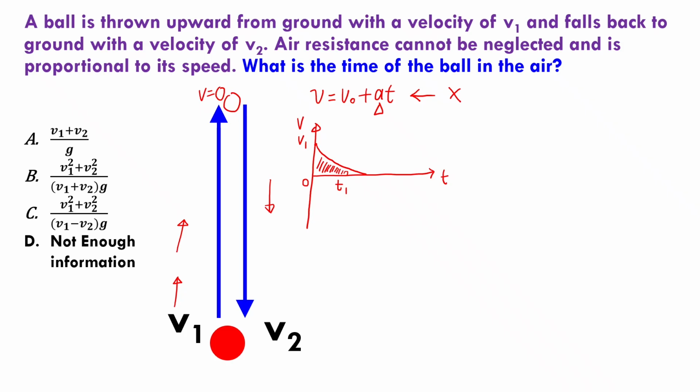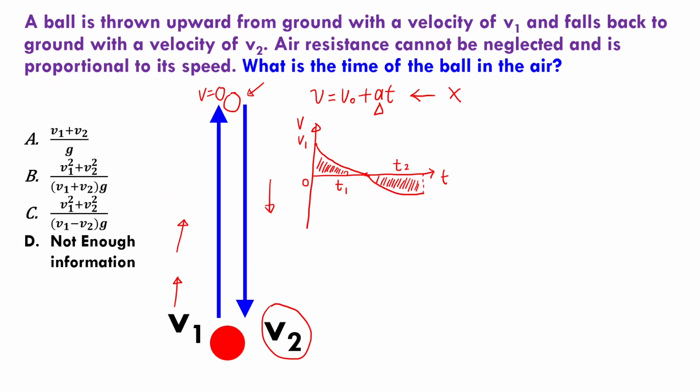The ball starts from 0 velocity at the peak, which is right here. Then, as the ball goes down, the ball finally reaches the velocity of v2. So the graph looks something like this. And the time from the peak to the ground, let's call it t2. And this is the displacement for the falling motion.